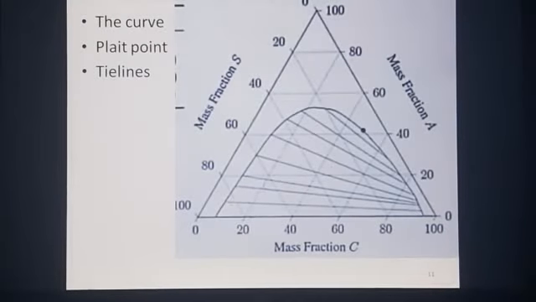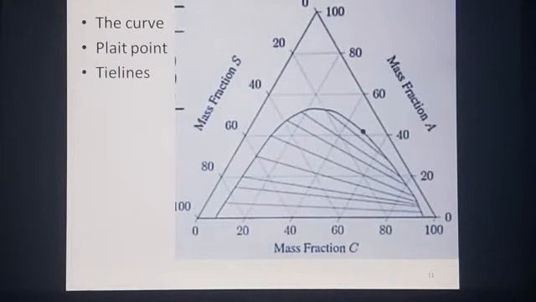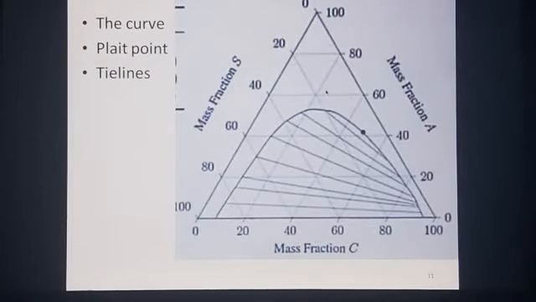When you see these ternary phase diagrams, there is a curve as shown here. This is known as the binodal equilibrium curve, which separates the two-phase region from the single-phase region. This is the single-phase region, in which the three components of the liquid mixture exist as a homogeneous phase, and this will be the two-phase region, where the extract and the raffinate belong.